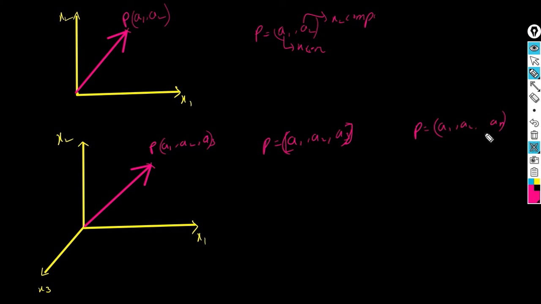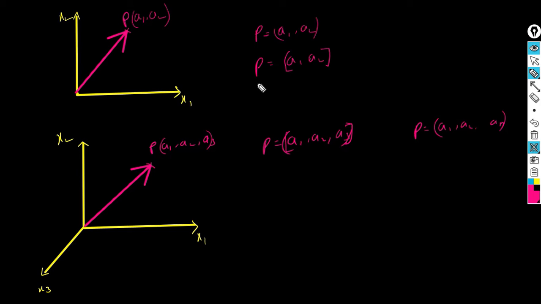But generally, in machine learning algorithms we represent vectors in matrix form. How can we represent a vector in matrix form? Just like P equals a1 comma a2. If you want to represent it as a row vector, it is a row vector.